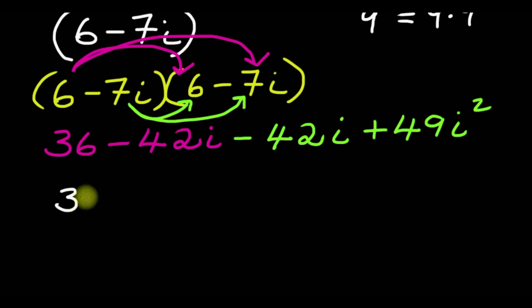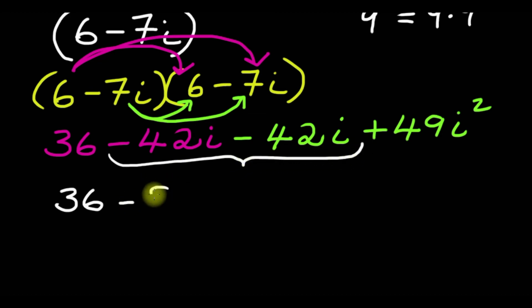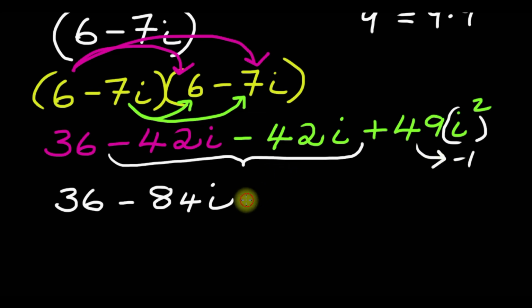Bring down the 36 for now. And then these two are like terms because they both have i. So when you combine those, you get negative 84i. And now here, we know that i squared is negative 1. So when you take 49 times negative 1, you're going to get negative 49.